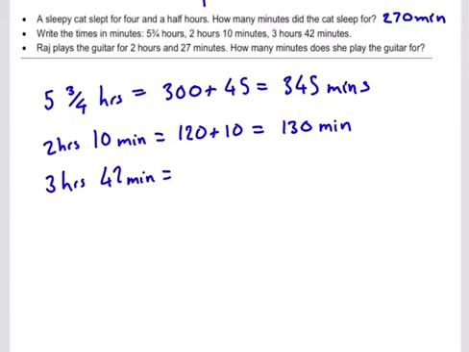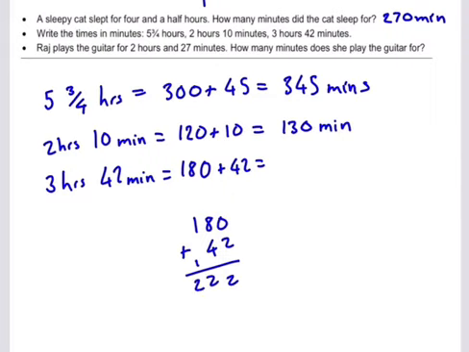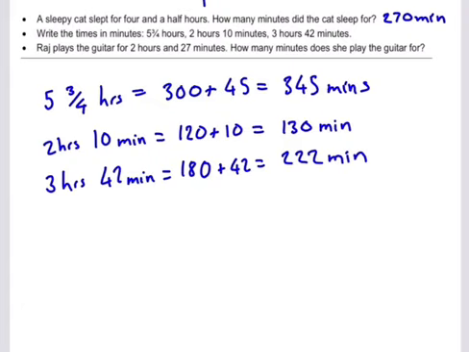Well, 3 hours is 6, 12, 18, but 10 times bigger, 180, add 42. That's 222 minutes. Double check my working. Yeah, okay, so that's my answer to that one.